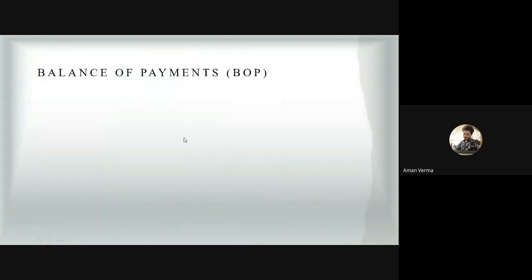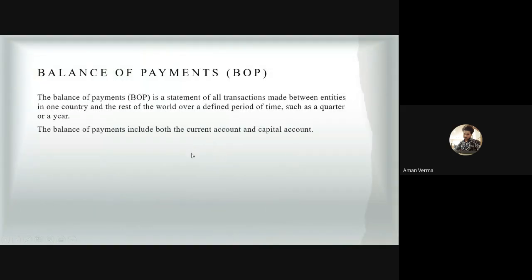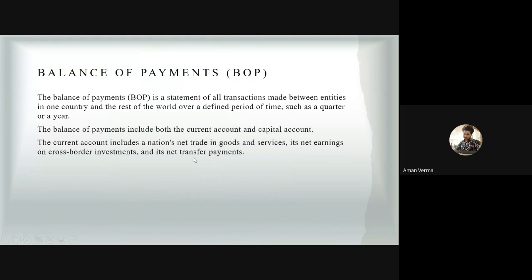Now, what is the balance of payment? The balance of payment is a statement of all transactions between entities in one country and the rest of the world over a defined period of time, such as a quarter or a year. The balance of payment includes both the current account and the capital account. The current account includes a nation's net trade in goods and services, its net earnings on cross-border investments, and its net transfer payments.